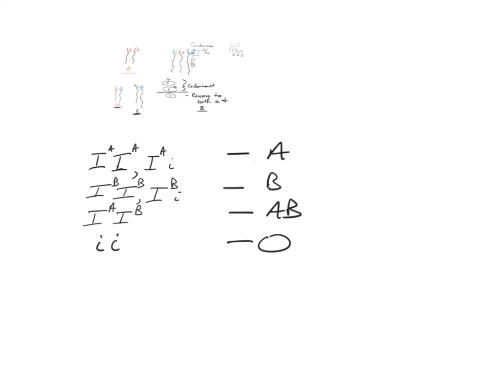So let's talk about polygenic inheritance. Skin color, for instance, is one example of polygenic inheritance. What do I mean by polygenic inheritance? Anybody do the reading that might know what polygenic inheritance is?